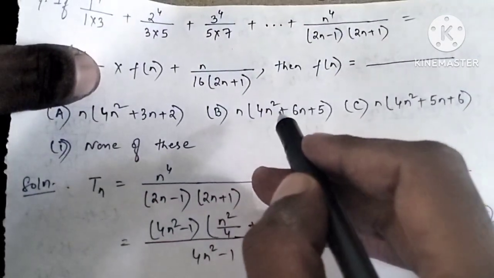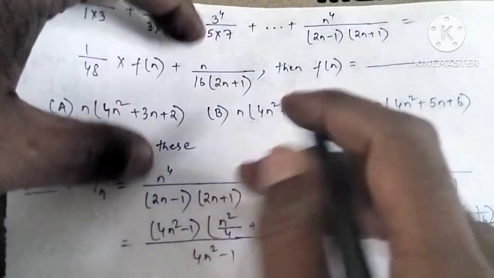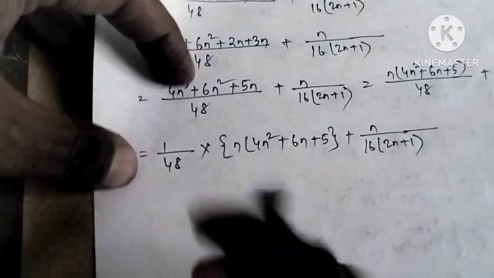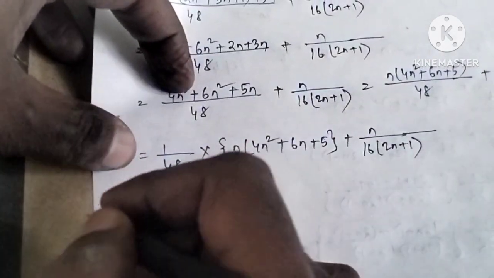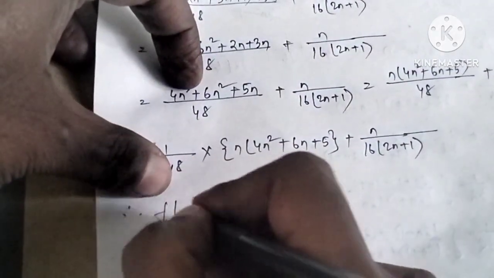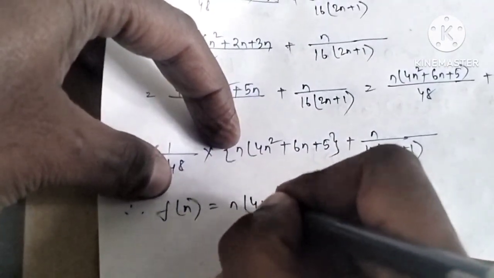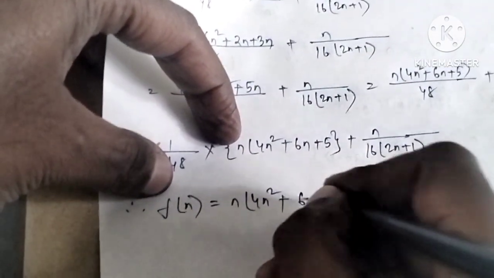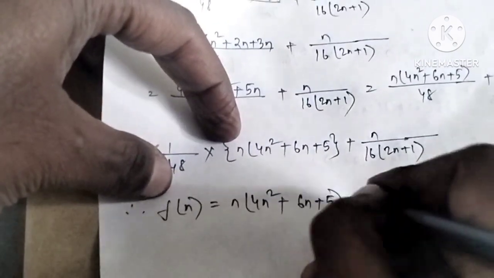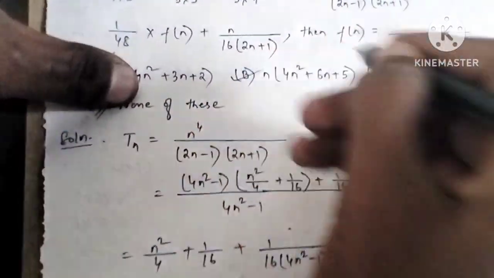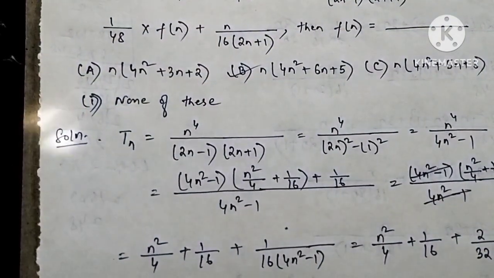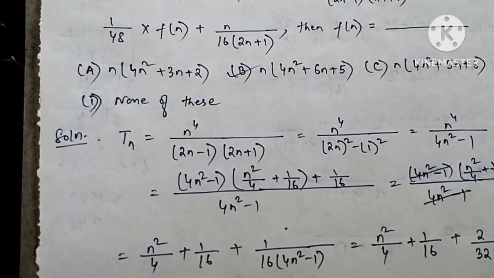Therefore f of n is n into 4n square plus 6n plus 5. So option number B is the correct option. Clear? Thank you.